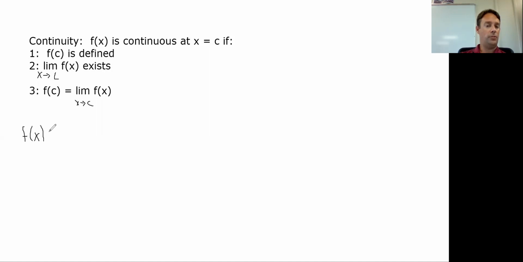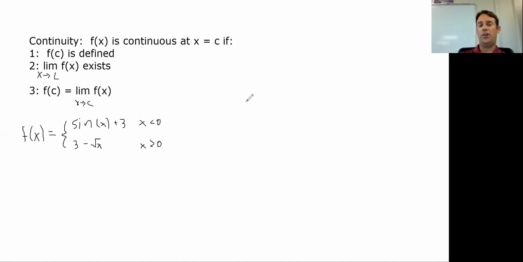f of x equals, let's call this sine of x plus 3 where x is less than 0, and we have 3 minus root x if x is greater than 0.